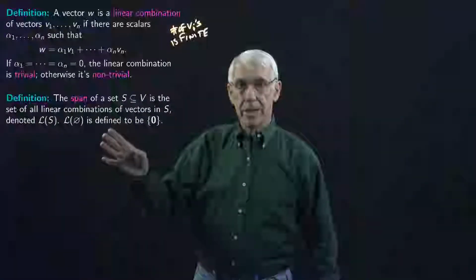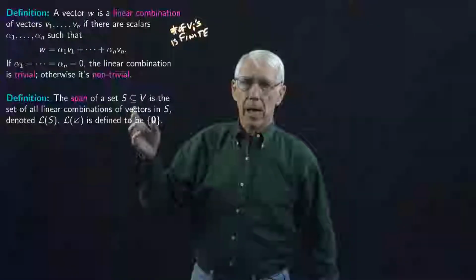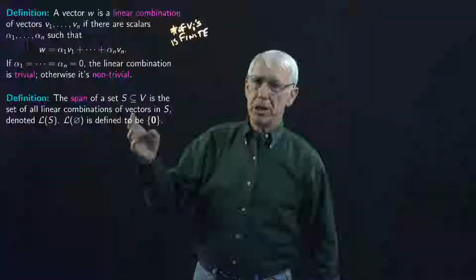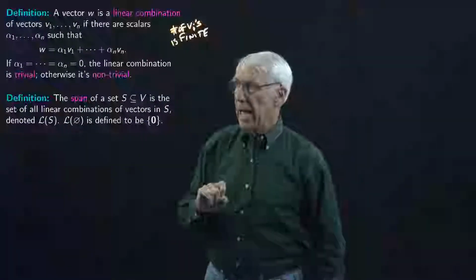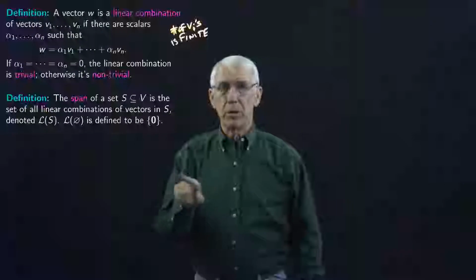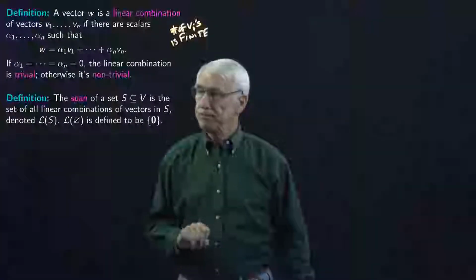And of course, the empty set is a set, so it's a subset of V. So we simply say that the span of the empty set is just the zero vector alone. And we'll come back and see the role that plays a little bit further ahead in the lecture here.